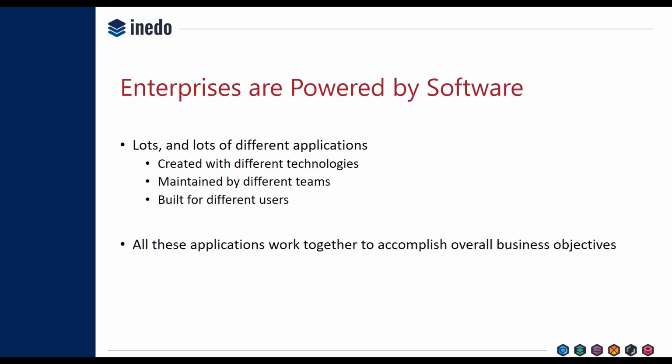Whatever that might be, a bank, it could be working on developing new financial products. Airlines, it could be things like getting out new ticketing systems so that they can compete with some of the newer airlines. All of these applications work in concert because that's what defines the business processes.